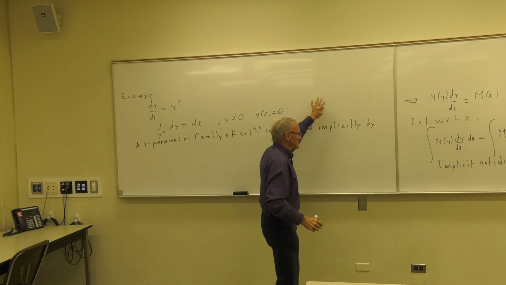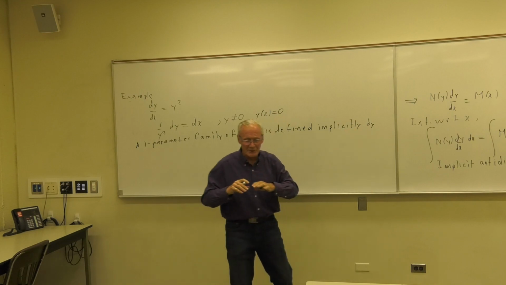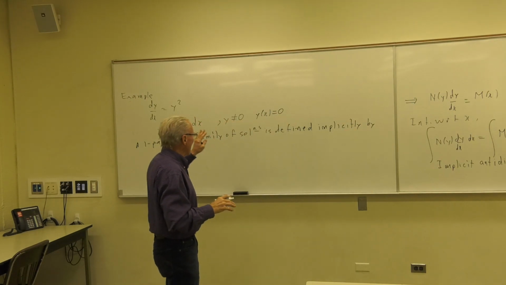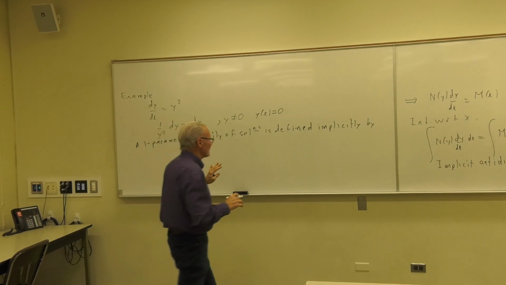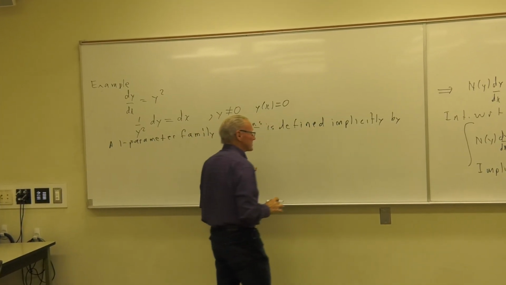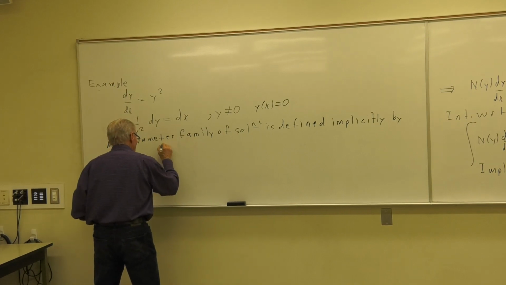I didn't do that in this first example here because I was just trying to point out some ideas, but I would like to see that in every problem that you solve by separation. It's defined by, and rewrite it.